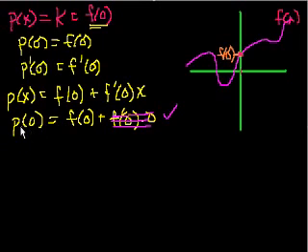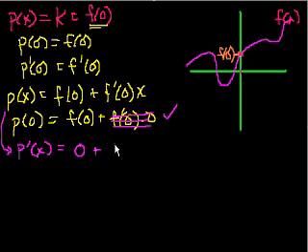Now let me confirm that their first derivatives are the same. So what's the first derivative of p? p prime of x is equal to, well, the derivative of a constant term is 0, right? Plus, and what's the derivative of an x term, of a first degree term? Well, it's just f prime of 0. So this checks out.